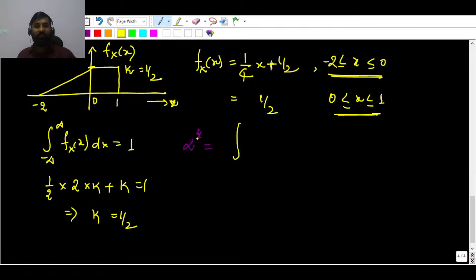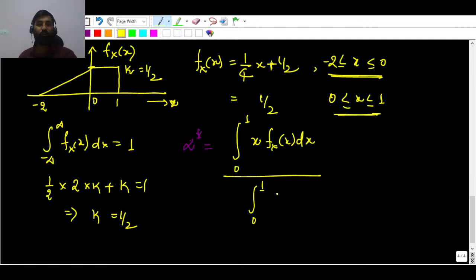Now you are going to compute the quantization level for the particular interval. So you can choose alpha in the range 0 to 1. So alpha star is basically the conditional expectation. We are conditioning on this density function. So alpha star can be computed like this.